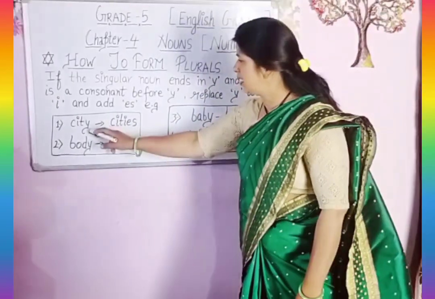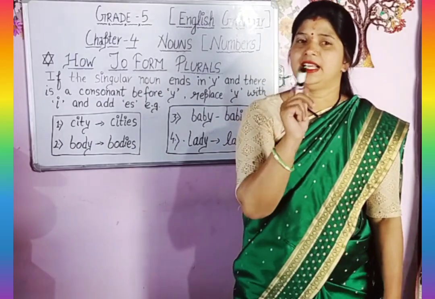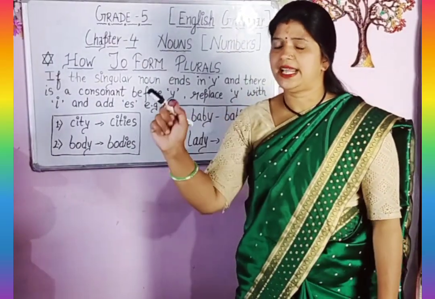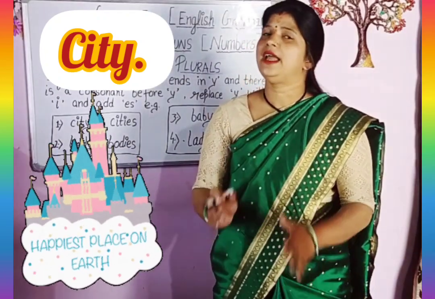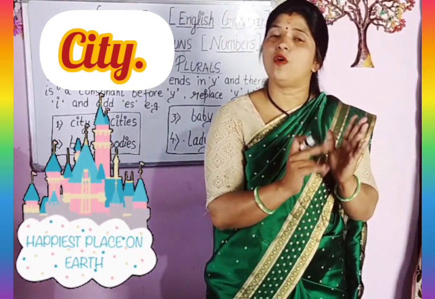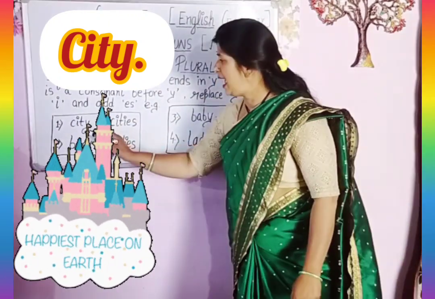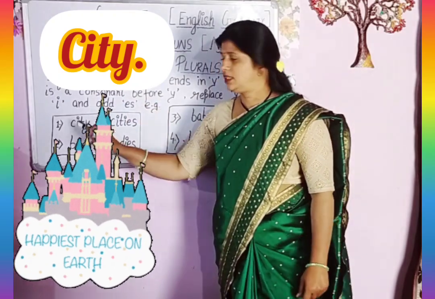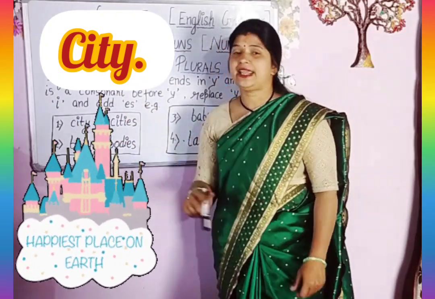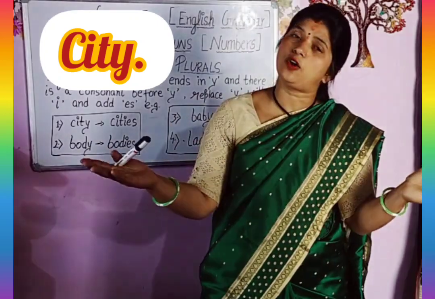See, little kids. Here the first word is written as city, C-I-T-Y, city. So in this, we are seeing that at the end of the city word, Y has come. यहाँ देखिए, at the last Y has come, and before Y, which letter is there? T. Y से ठीक पहले क्या है? T. And we all know T is a consonant.